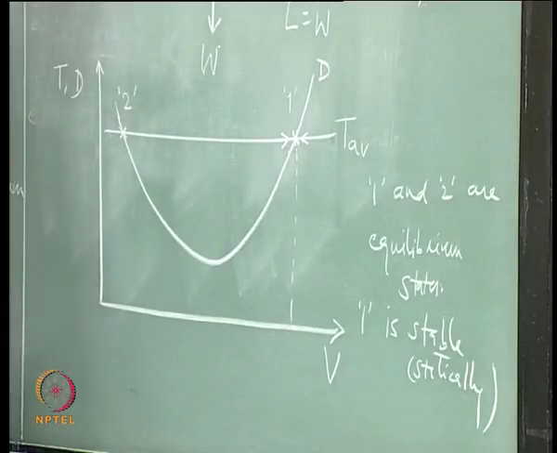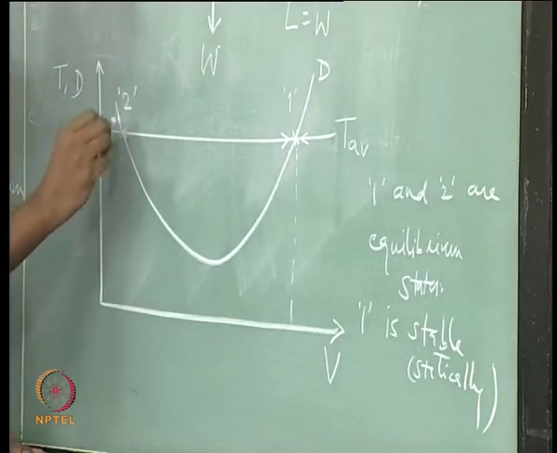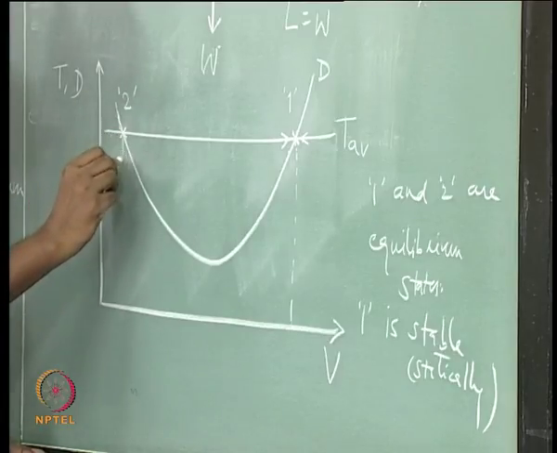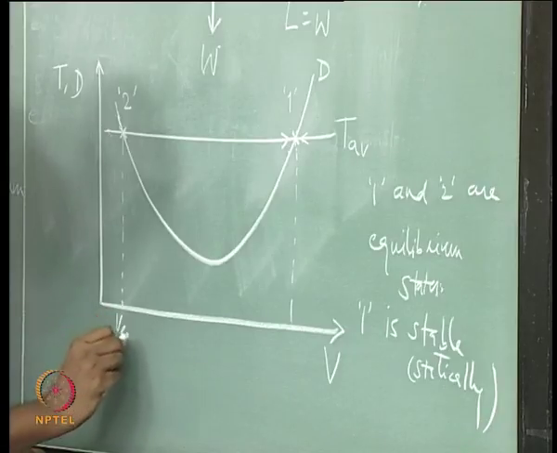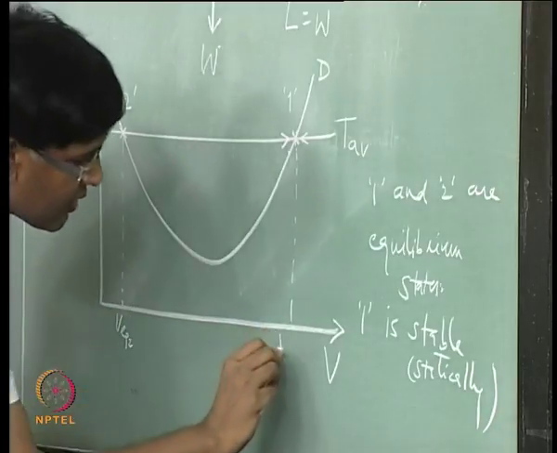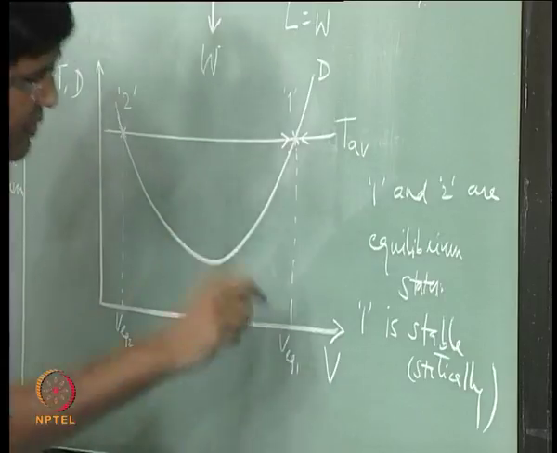We can give the same arguments on this side also for equilibrium state 2. So, this is your V equilibrium 2, V equilibrium 1.